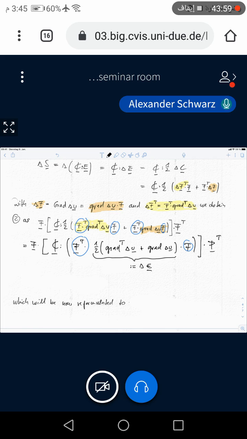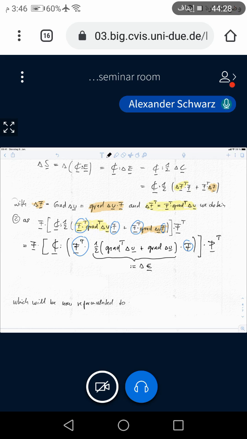The only thing which is now changing is the gradients. In a small strain world, I have, of course, a large gradient, which is not related to displacements. But now here, I have a small gradient, which is obviously related to the displacements, and therefore also in the end non-linear.